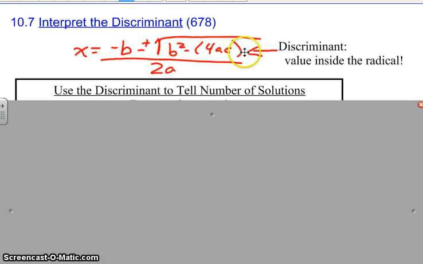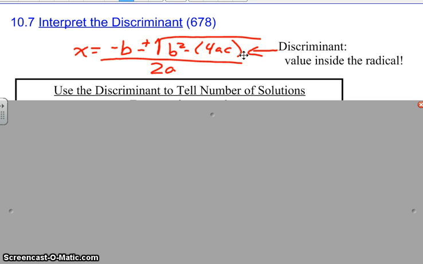Remember, this here is a formula to find solutions for a quadratic equation, which could be graphed. It's a parabola. Okay, so let's think about what is inside of the radical, the discriminant. It can help us know the number of x-intercepts, which are solutions.